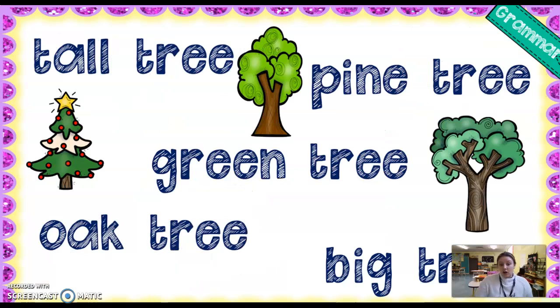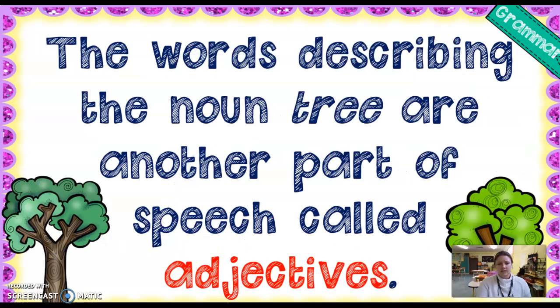Did she see a tall tree, a pine tree, a green tree, a big tree, or an oak tree? What kind of tree did she see? The words that describe the noun tree are another part of speech we're going to learn called an adjective. I want you to say adjective.